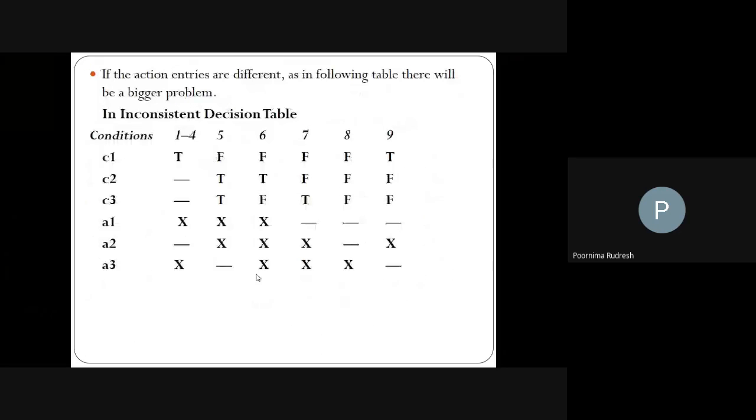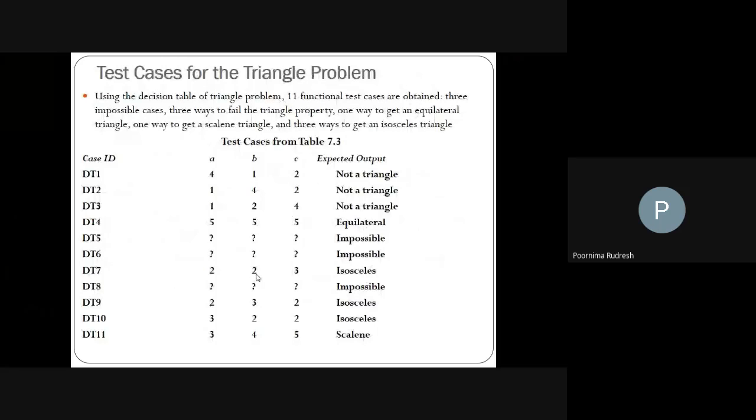So this is the construction of the test cases by using the decision table. Here we are going to identify 11 functional test cases by using the previous decision table. Among the 11 cases, 3 are the impossible cases. So here this is impossible, impossible, impossible.